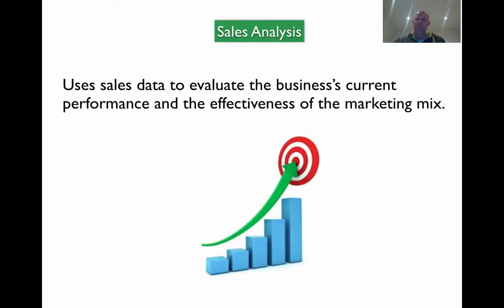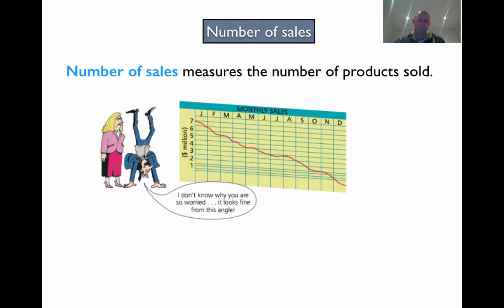So the first KPI or key performance indicator that we're going to look at is sales analysis. That's using any sales data to evaluate how effective our marketing strategies have been. One of those is the number of sales.